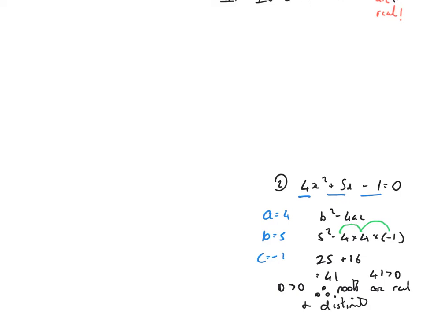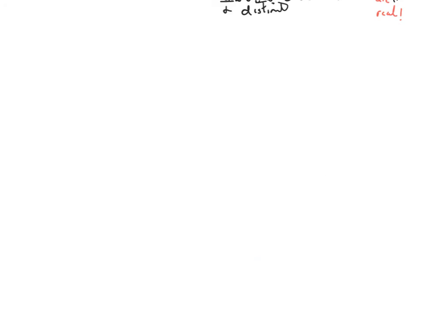Okay, example 3. Okay, 4x squared is equal to 3x plus 1. Now, the first thing that you need to do, just like when we solve a quadratic equation, it's the same with problems with the discriminant, we need to make the thing equal to 0, so let's bring them over. 3x becomes minus 3x and 1 becomes minus 1, that's equal to 0.